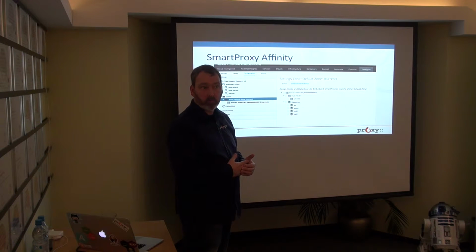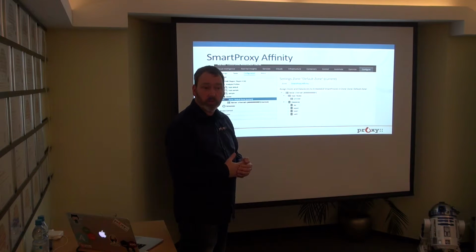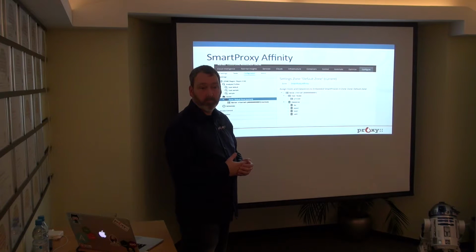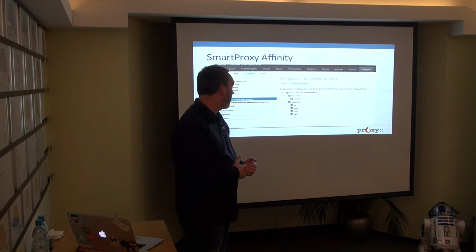Later on we upgraded to 3.2, and then smart proxy affinity worked as designed. The current state is that we are running CloudForms version 4.0, and there it's working as designed.